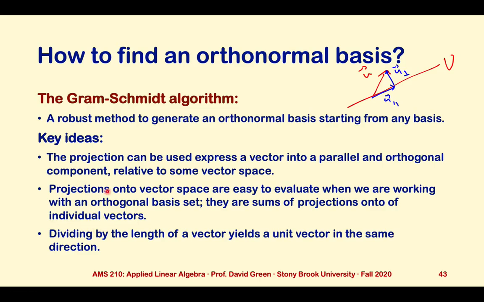Finally, we can always create a unit vector in the same direction of any vector simply by dividing that vector by its length. The first two pieces are going to be used to generate an orthogonal set, and the last piece is going to turn that orthogonal set into an orthonormal set.